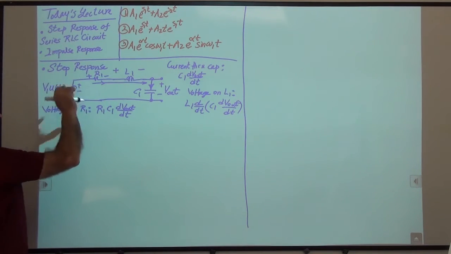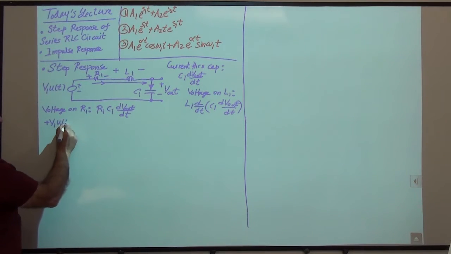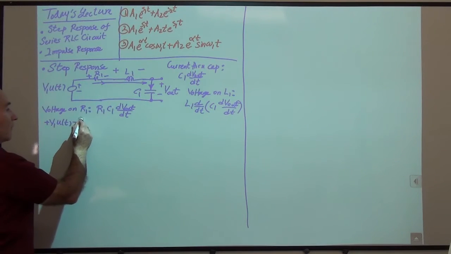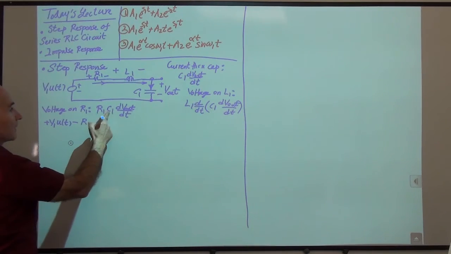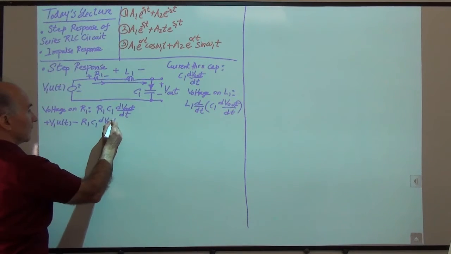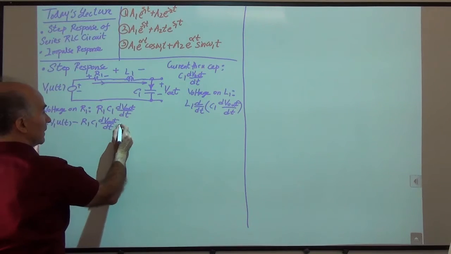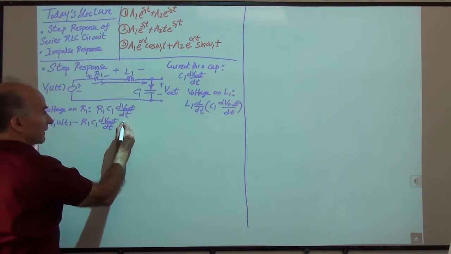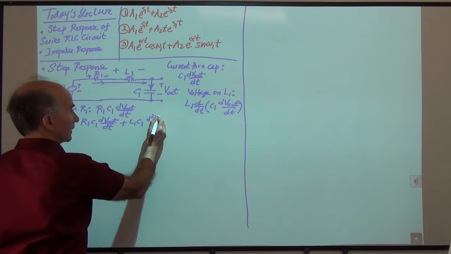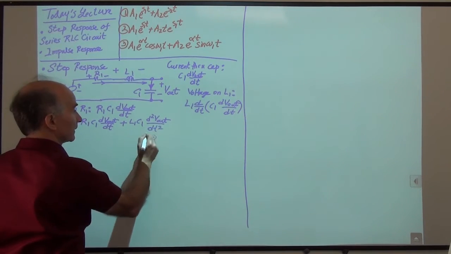We say we go up the potential, so plus V1 U of t, and then going down the potential, minus R1 C1 dV out over dt. We're going down the potential, so that's the voltage across the inductor, L1 C1 d squared V out over dt squared.